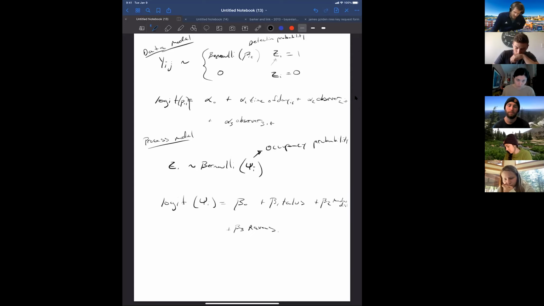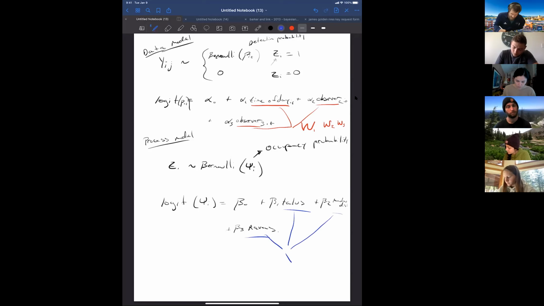So I wrote the W's out explicitly here, and the X's out explicitly here. But these are what's going into the W's. And they're going to be different for each of our visits. So we have W1, then for our second visit, we have W2, and then our third visit, we have W3. And this is what's going into our X's. But we have no temporal component here. So we just have one X.